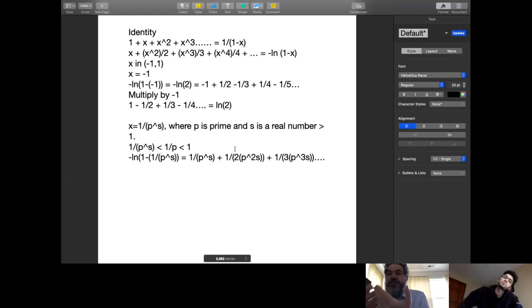So the smaller x is, the smaller x squared is compared to x. And x cubed is much smaller than x squared, and x to the 4 is much smaller than x cubed.